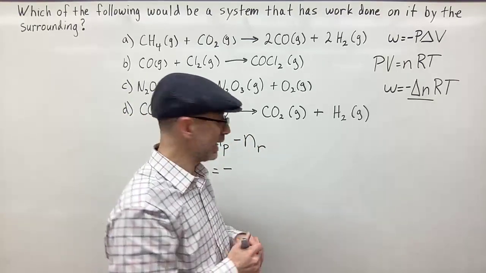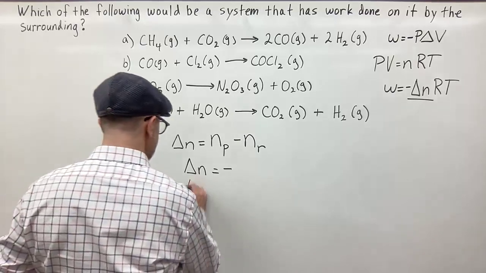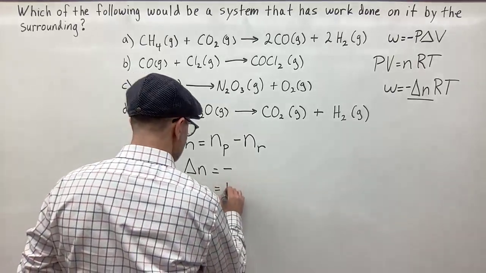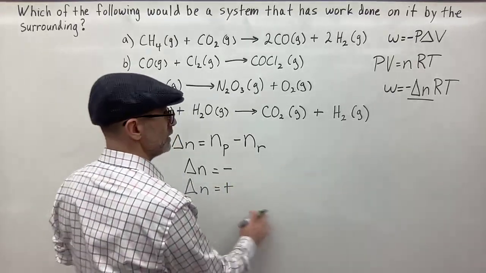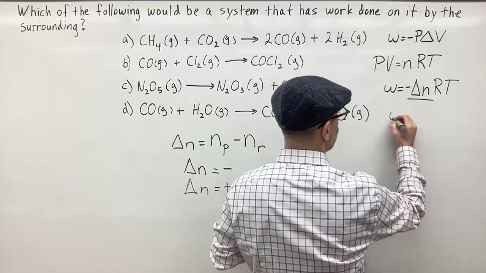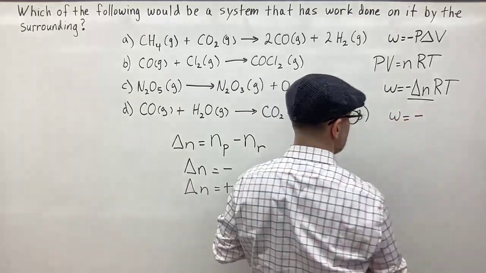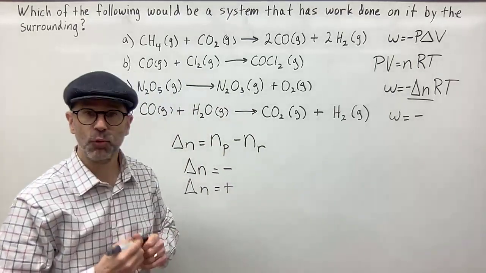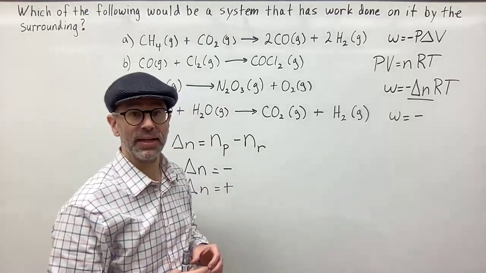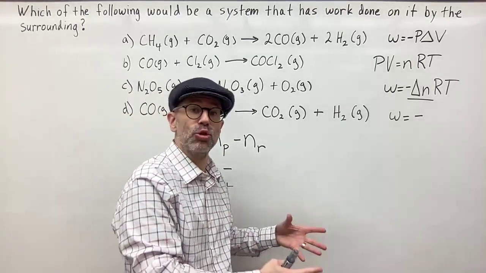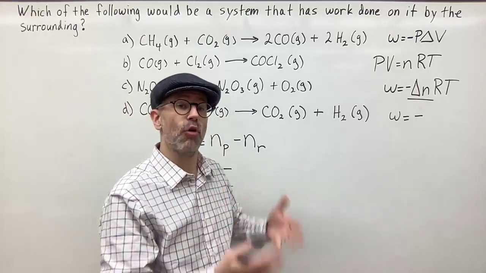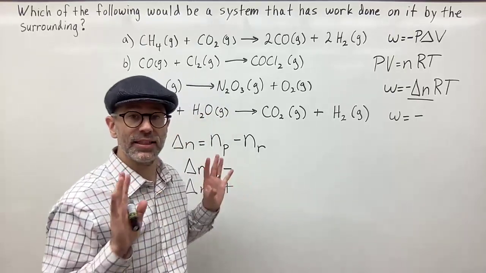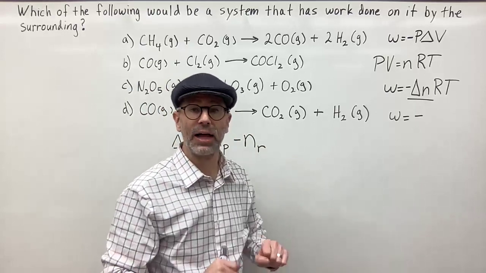If delta N is positive, then we stick that in here, then work is going to end up being negative. And if work is negative, that means that the system is losing energy in the form of work, meaning that the system is doing work on the surroundings.